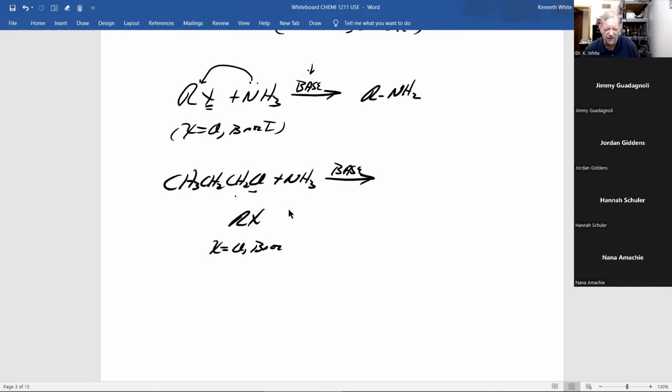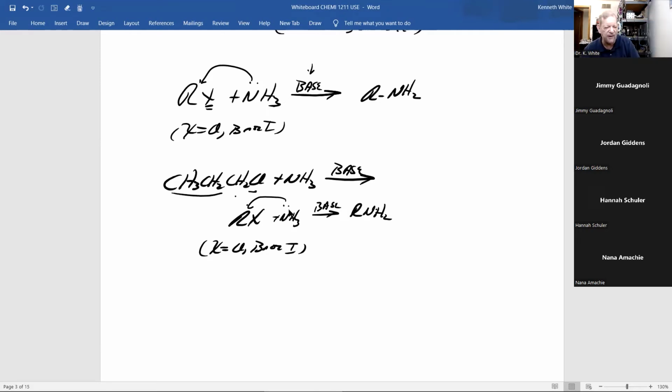Anyways, chlorine, bromine, or iodine. And ammonia, NH3. This attacks that carbon in the presence of base. You get a primary amine. Remember, primary, secondary, and tertiary means there's three bonds to nitrogen.